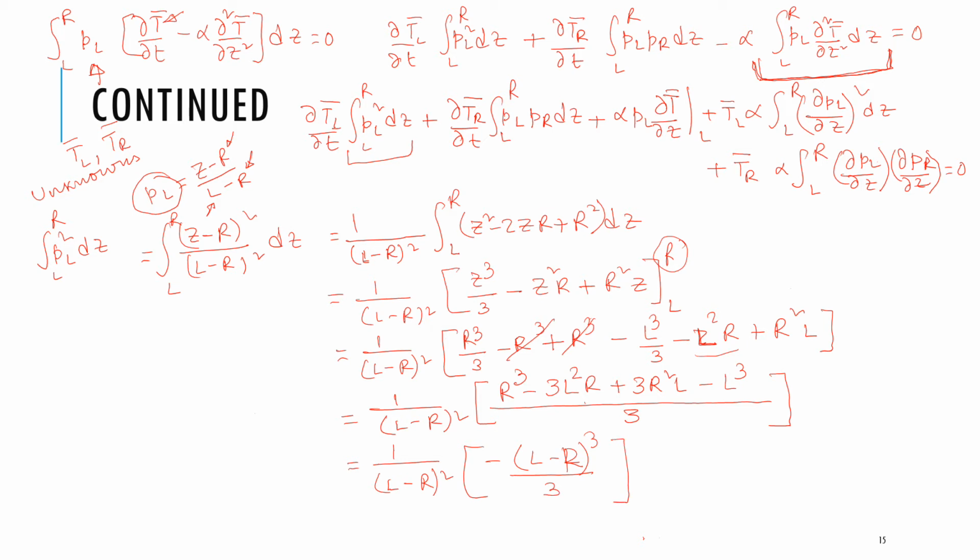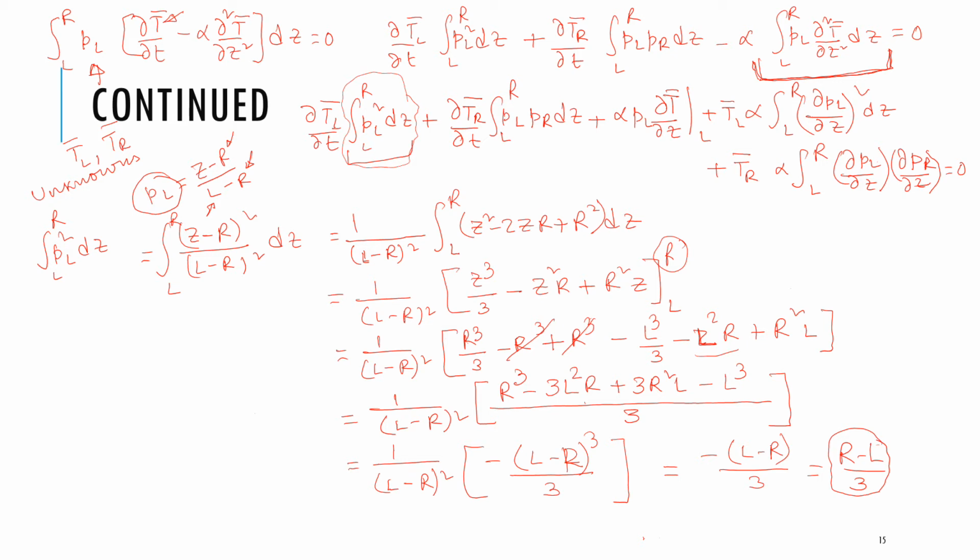So this is then equal to minus L minus R over 3, equal to R minus L over 3. So this term, even though it's sitting there as something a little bit complicated, it's nothing. It's something we can integrate out, and it's just equal to R minus L over 3.